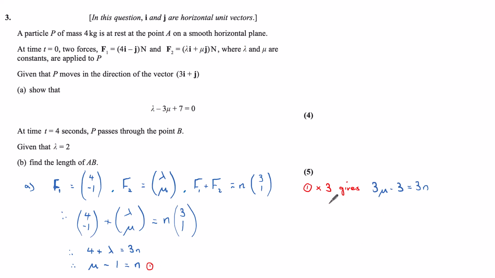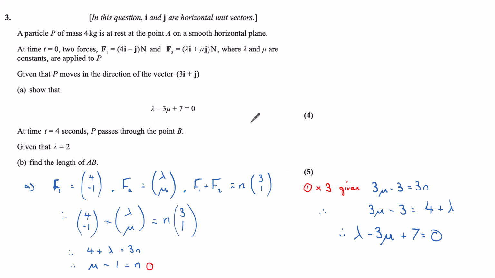Multiplying it by 3, I've got 3 mu minus 3 is equal to 3n. Now I have two equations equal to 3n, so I can write them equal to each other. 3 mu minus 3 equals 4 plus lambda. Rearranging that, lambda minus 3 mu plus 7 equals 0, which is what I wanted to show.